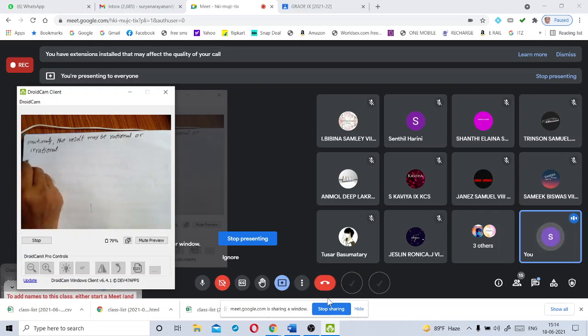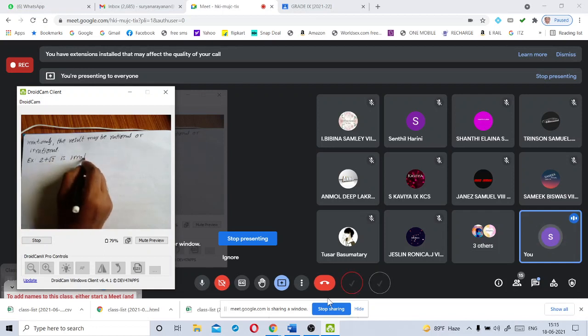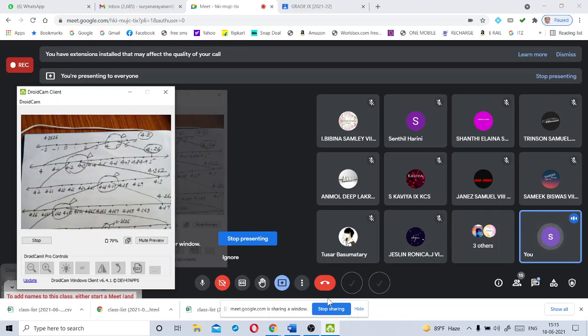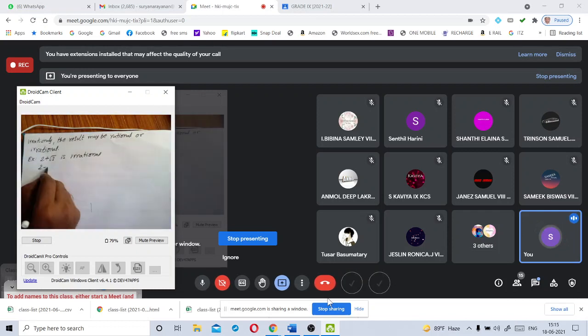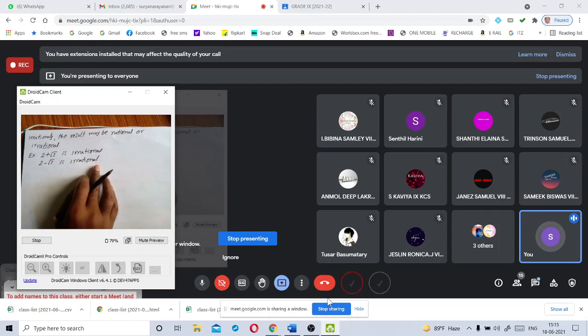For example, 2 plus root 3 is an irrational number. Previously we have discussed 2 plus root 3. In the previous example, we have written 2 plus root 3 is an irrational number. 2 minus root 3 is also an irrational number.